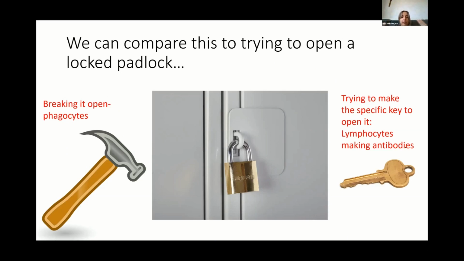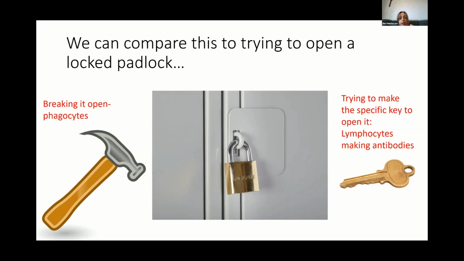If you think about a locked padlock, phagocytes work by gobbling up the pathogen, like we saw. They just work by eating it up and destroying it. That's the equivalent of trying to break open a padlock using a hammer. However, the second line of defense, the lymphocytes, work by analyzing the shape of the antigens, making a particular shaped antibody in response.